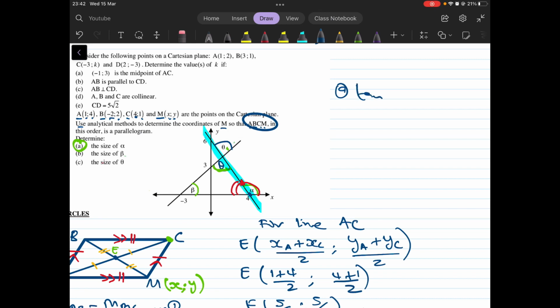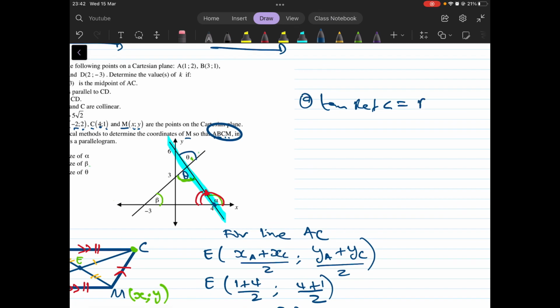So tan of the reference angle is equal to the gradient of that line, which I'll call m. How do we get the gradient of this line? We have two points, whose coordinates we know: this one is (0, 6) and this one is (4, 0). So the gradient is (6 minus 0) divided by (0 minus 4).